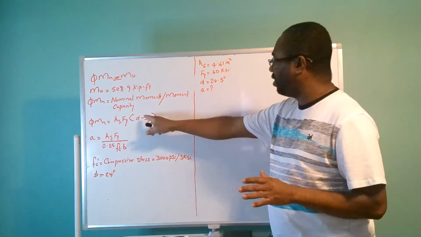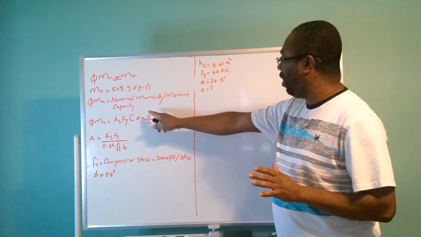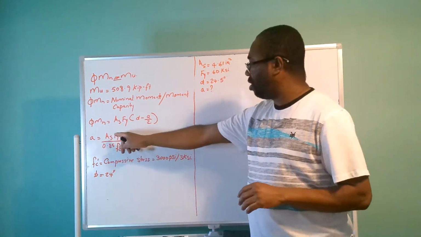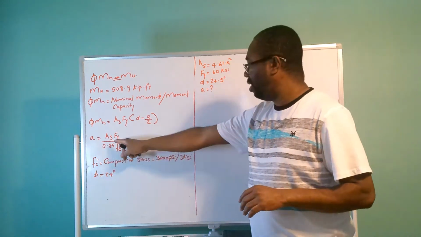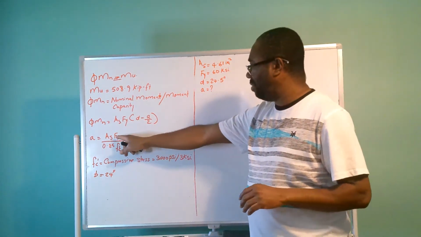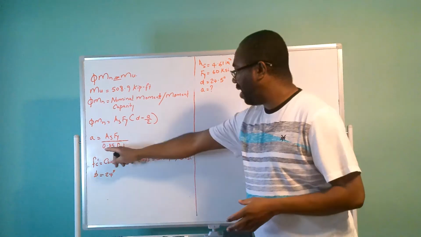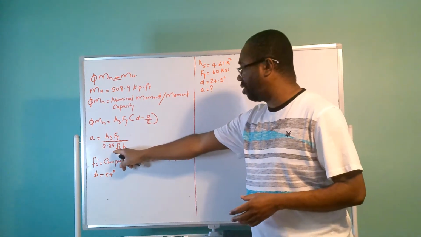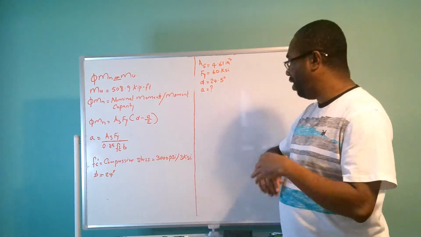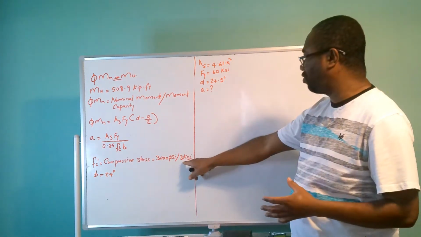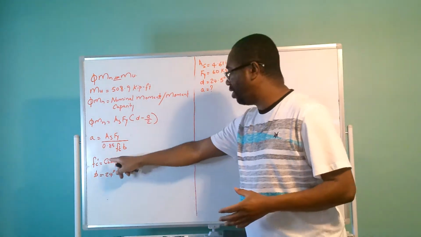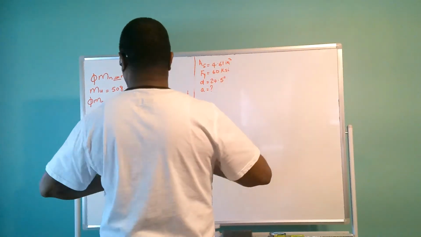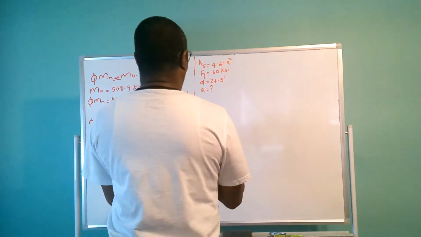We do not know a in the formula, so a equals the area of steel times the yield stress of steel divided by 0.85 times the yield stress of concrete times b, where the concrete stress is 3 ksi and b, the breadth, is 24 inches.